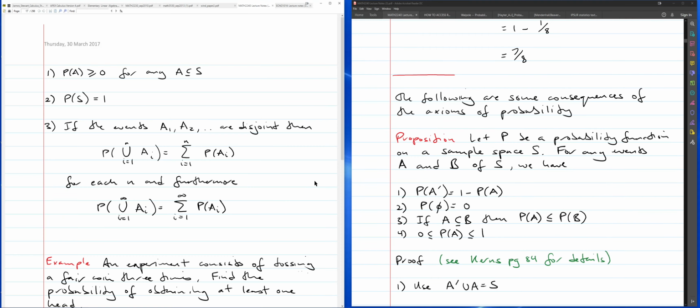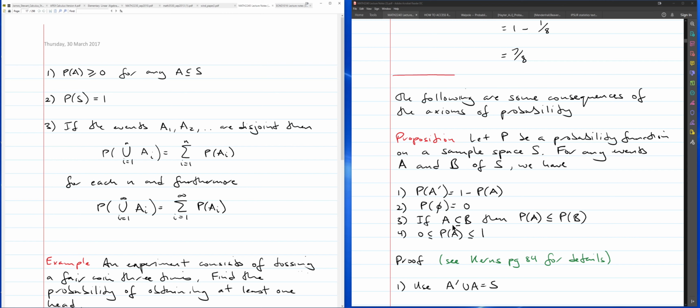Okay, so why do you care about these axioms of probabilities? You can use these to derive some useful results, right? So using these over here, I can obtain this result that if I have an event A, then the probability of A complement is equal to 1 minus probability of A. I can get that the probability of the empty event or the empty set is equal to 0.